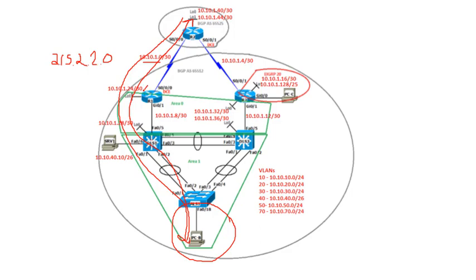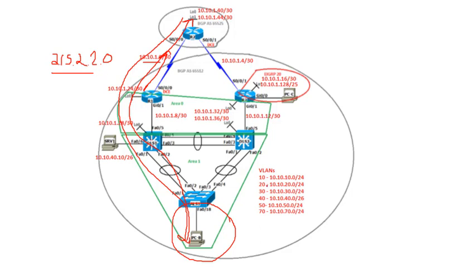As they leave R1 to go out to the internet, if this was the internet we're simulating, we're going to translate them to 215.2.2.something. What we're going to have to do is configure NAT, and NAT will work as it's supposed to, irrespective of the routing that we have. The only issue is that when we translate to an address that's not being advertised, we have to advertise it and make everyone know about it.